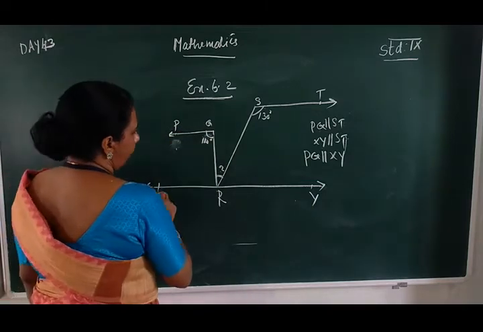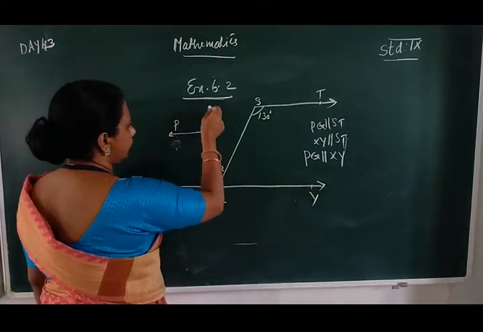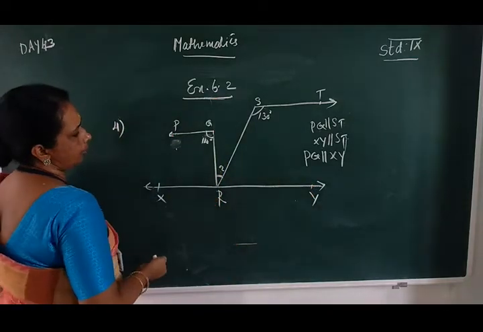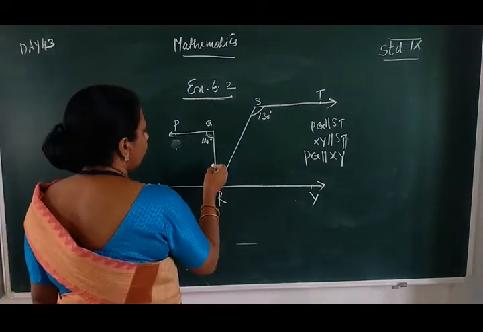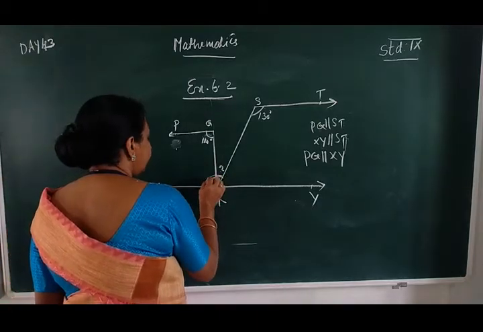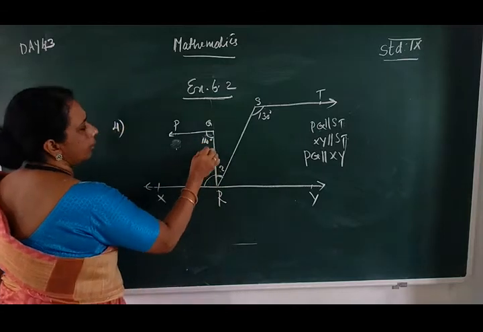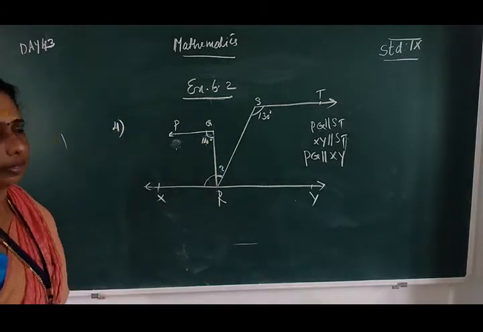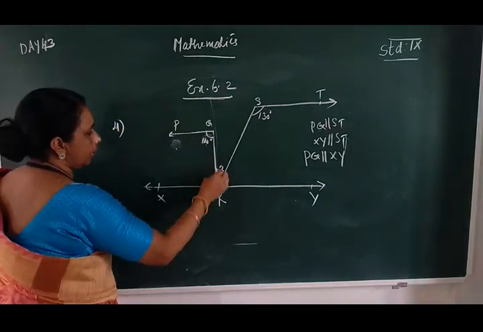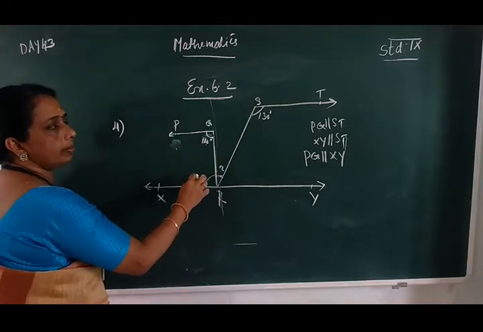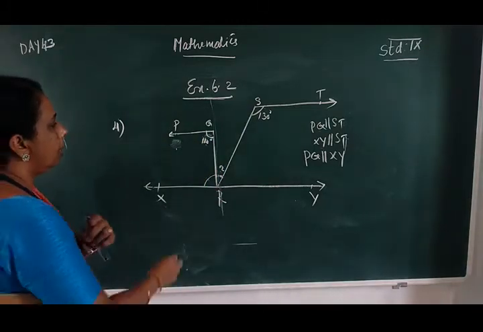PQ and XY are parallel lines and this is a transversal. So we can say that these two are co-interior angles, that is, interior angles on the same side of the transversal.